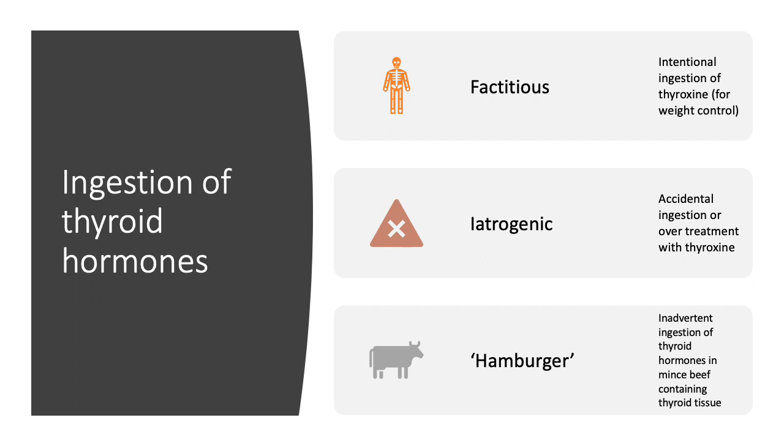Factitious thyrotoxicosis is due to the intentional ingestion of thyroxine for reasons other than functional abnormalities of the thyroid, such as weight control. Iatrogenic thyrotoxicosis is due to accidental increased intake or overtreatment with thyroxine. Hamburger thyrotoxicosis presents due to the inadvertent ingestion of thyroid hormones in minced beef containing thyroid tissue.